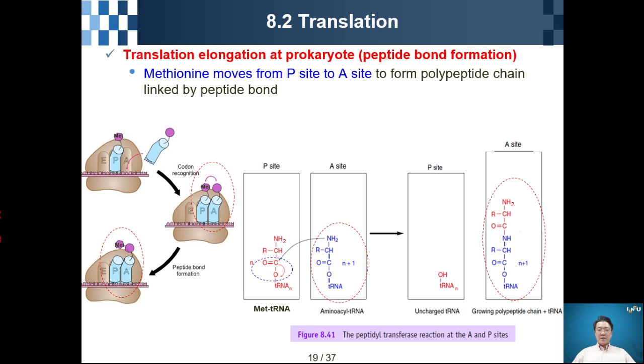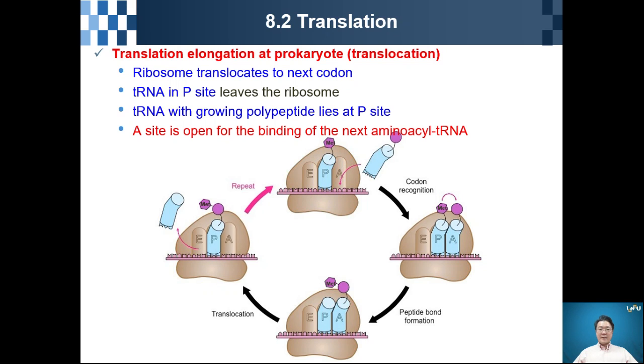Once again, methionine moves from the P site to the A site. In detail, the nitrogen attacks the carboxyl group. After that, a peptide bond is made like this, so a polypeptide chain is formed, linked by the peptide bond. After that, the ribosome translocates to the next codon.